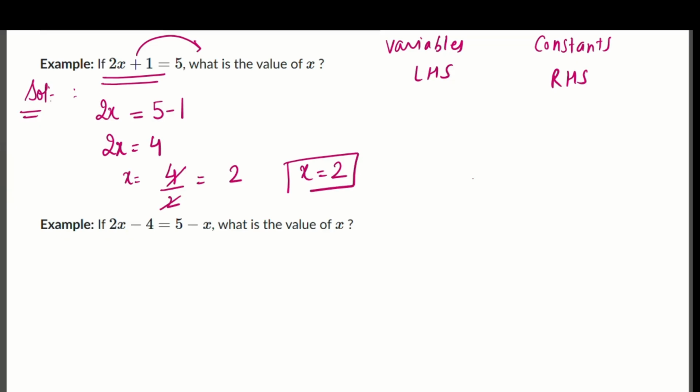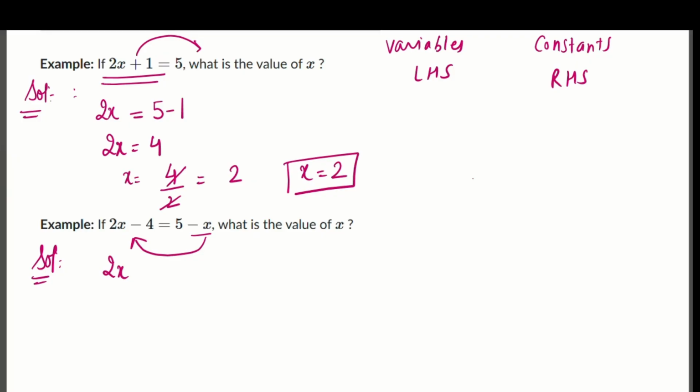That is the answer. The next question is 2x minus 4 is equal to 5 minus x. What is the value of x? We keep our variables on the left hand side and the constants on the right hand side. So 2x, and we move minus x to the left hand side, where the sign changes.